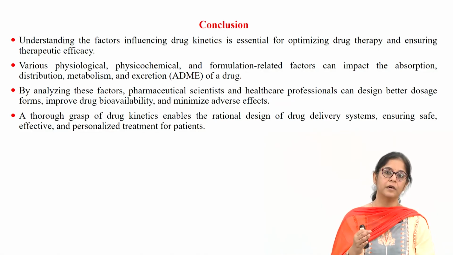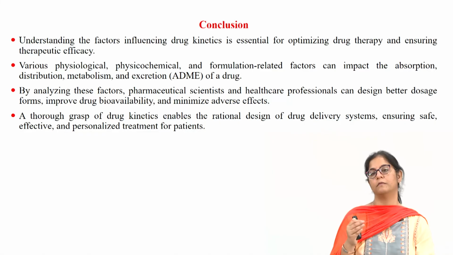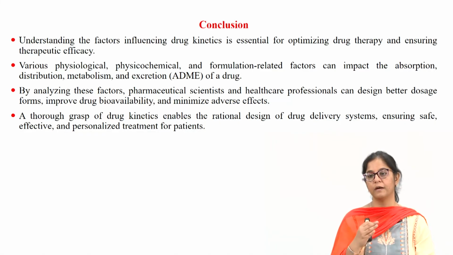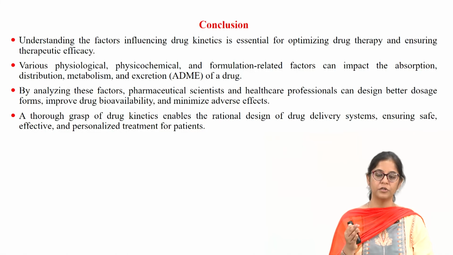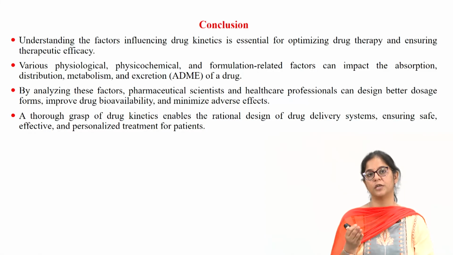So, with this we come to the takeaways: understanding the factors of the drug is important because it influences the drug kinetics and the availability in the body, since the drug is moving between different tissues, binding to different tissues, and getting shunted.